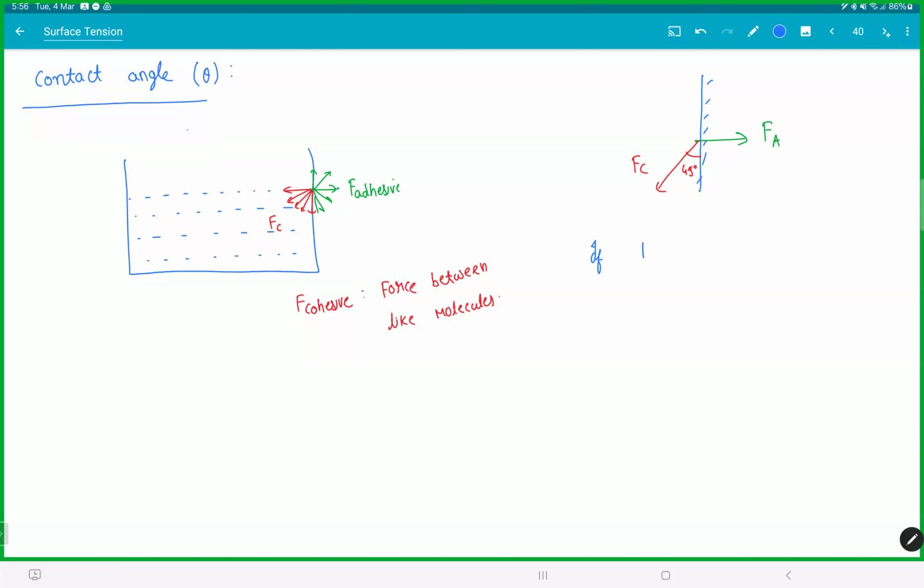So if F adhesive is greater than F cohesive cos 45, then what will happen? The interaction between solid and the liquid is stronger than the cohesion. So the liquid will actually rise up. You will see the liquid climbs the wall.